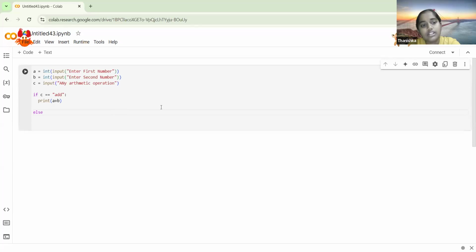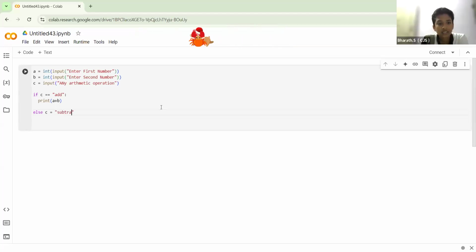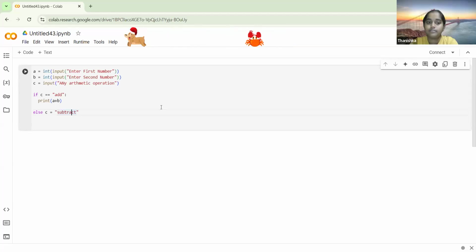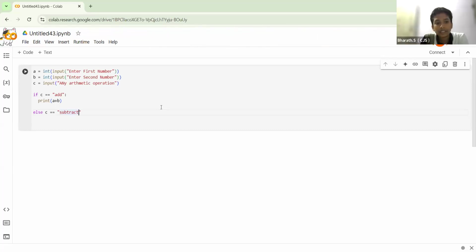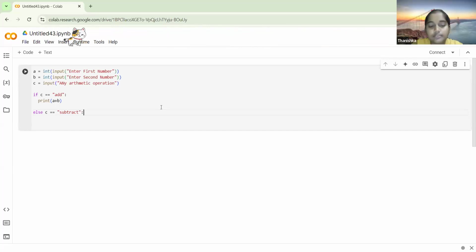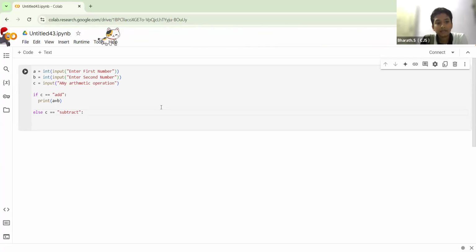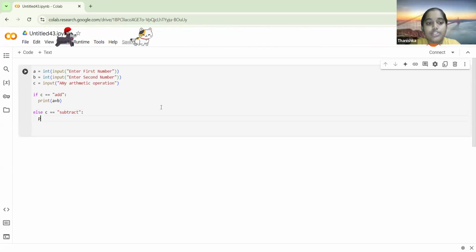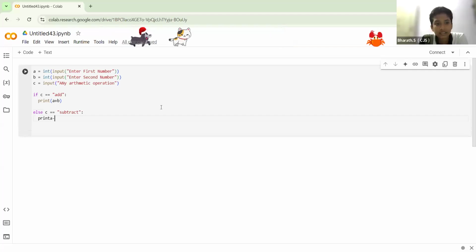Double equals. Then after subtract, colon, and then print A minus B. Okay, print A minus B. Brackets. Okay.